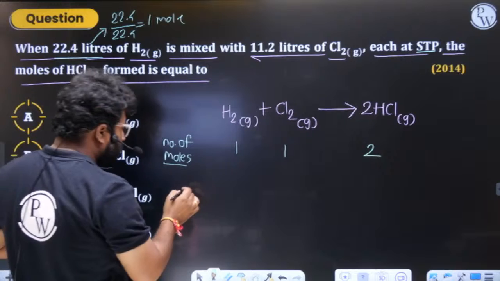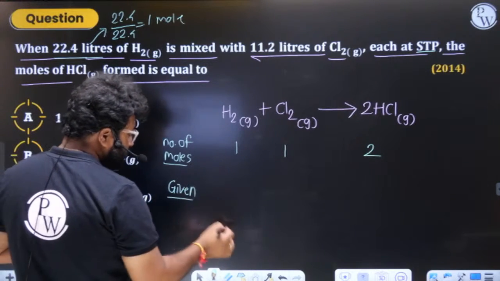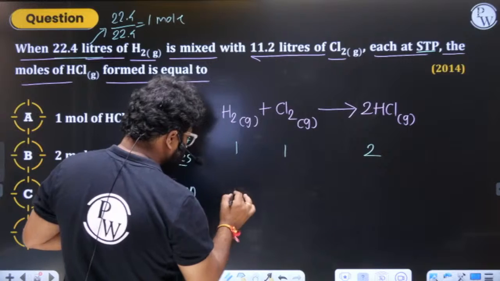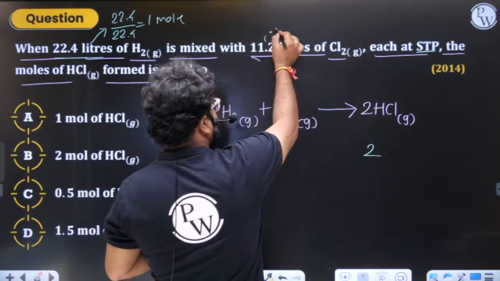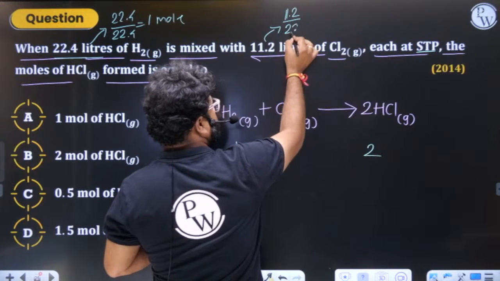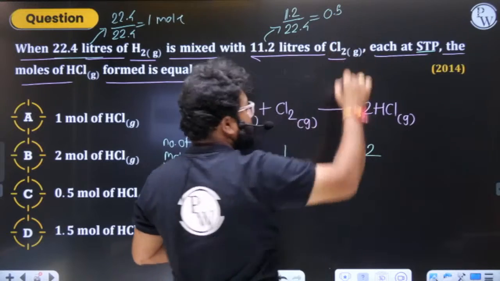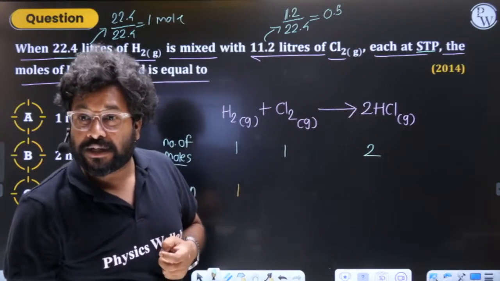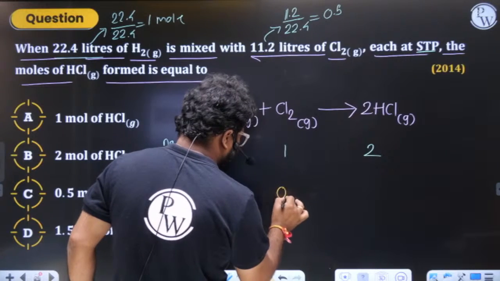So number of moles for hydrogen is 1 only. Now look at the chlorine. For chlorine it is 11.2. 11.2 divided by 22.4 comes out to be 0.5. Number of moles is 0.5.